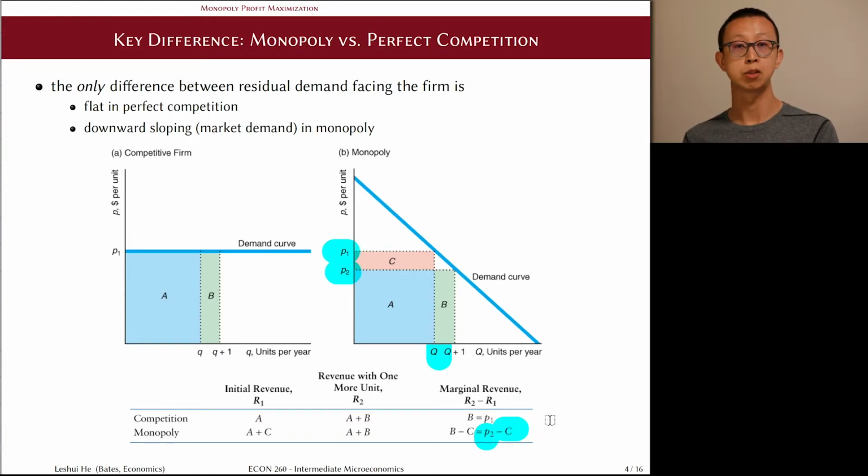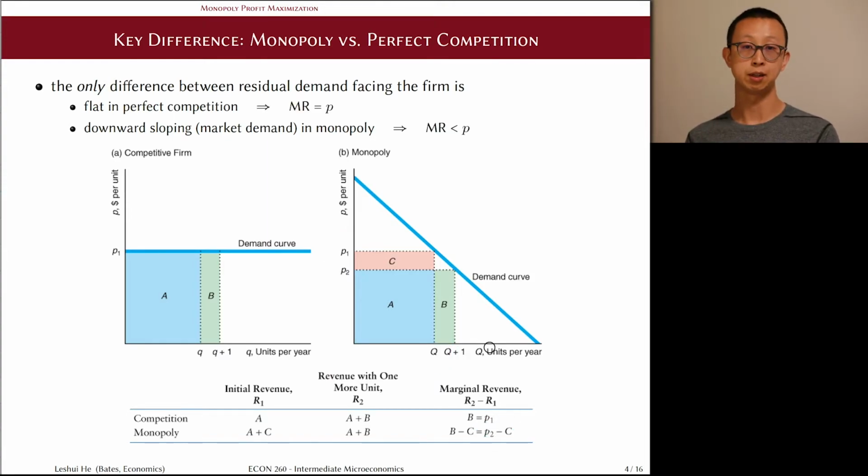This impact is greater if the output level is higher, meaning a larger width of this area C, or if the demand curve is steeper, meaning a larger drop in price going from P1 down to P2 as the output level increases by 1 unit. In an extreme case, if the area C is bigger than the area B, then the firm's revenue can in fact decrease with more output.